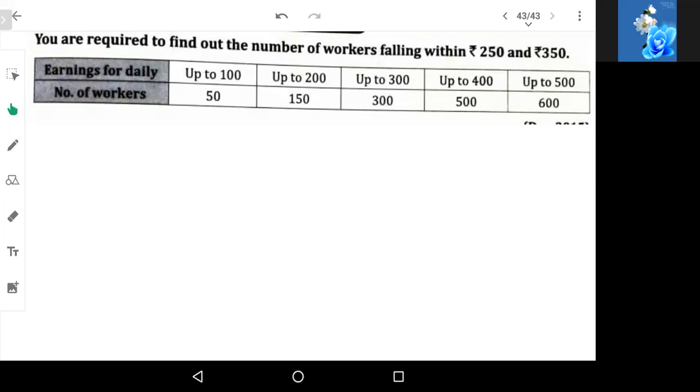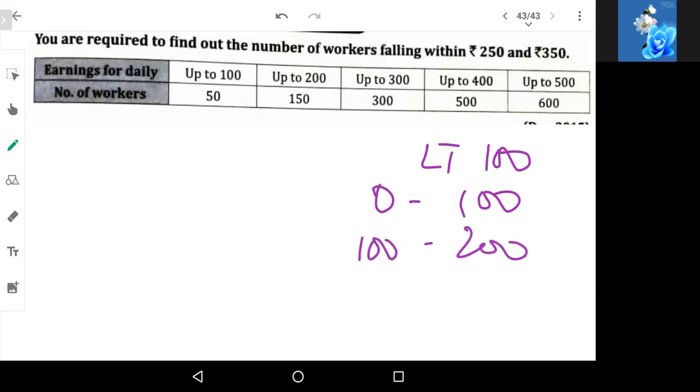Okay, now let us start. The values, how you take them, everything is the same as the previous problem, because if you see this problem, it is again an open-ended class interval. Up to 100 is nothing but less than 100. 0 to 100 will be up to 100. Then up to 200 means 100 to 200, which is nothing but less than 100, less than 200, less than 300.